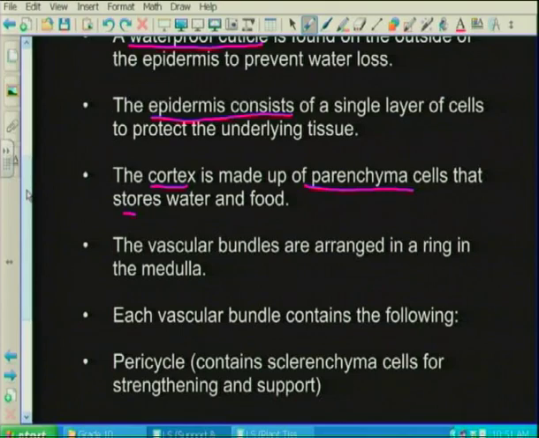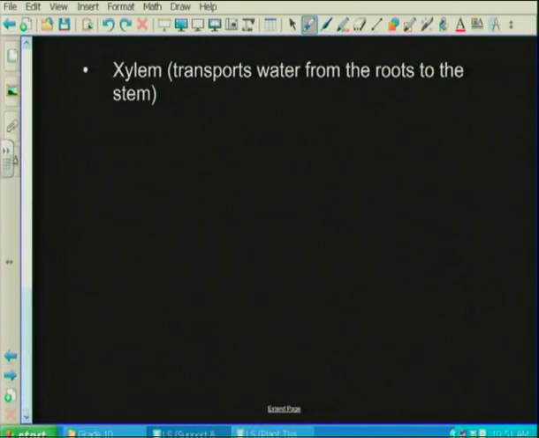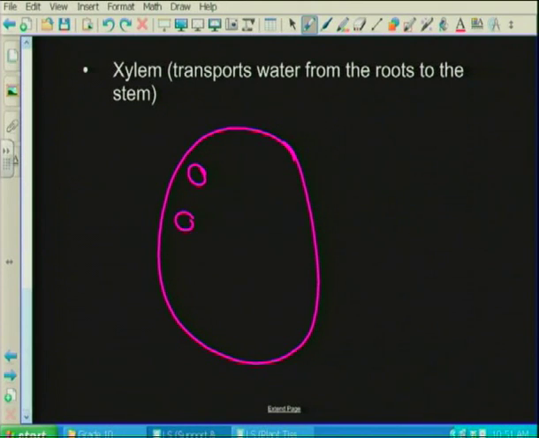Then you have your vascular bundles, and your vascular bundles are arranged in a ring around the medulla. If I can quickly draw for you, they will basically look like this. If you have your cross section of your stem there, your vascular bundles are going to be arranged like this.